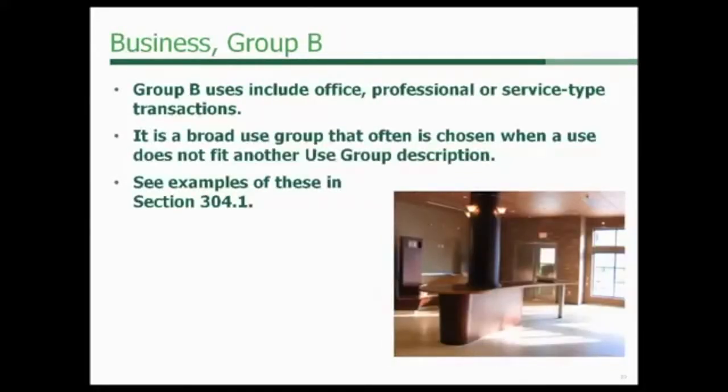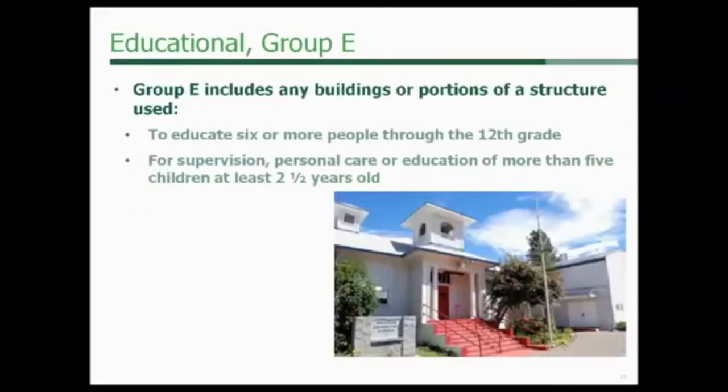Group B, business, is a catch-all for many occupancies that may not fit into something else, but its core description is office, professional, and service type transactions. E, educational, schools primarily, also daycare for children other than infants.